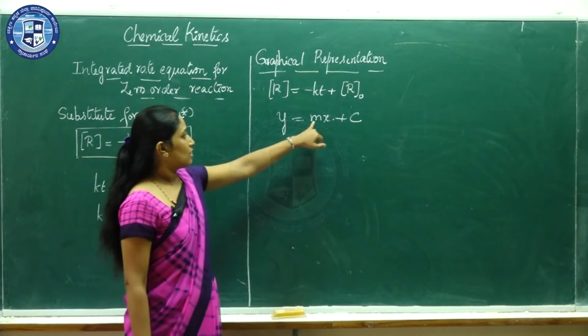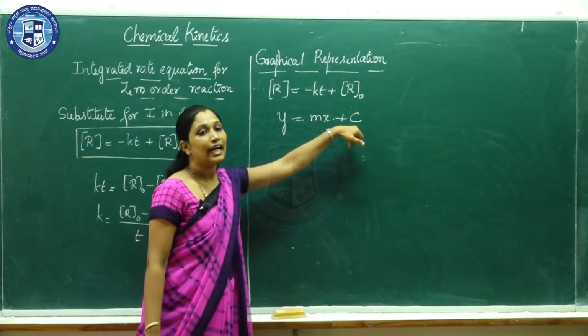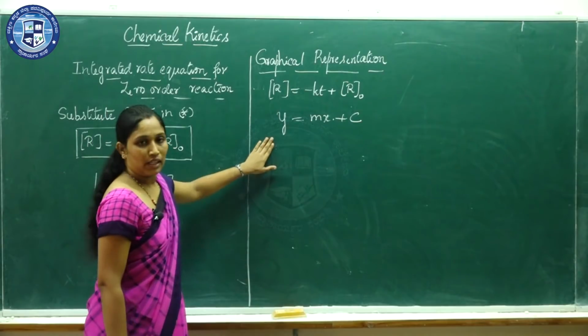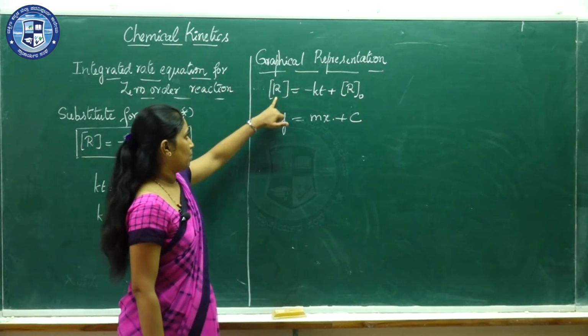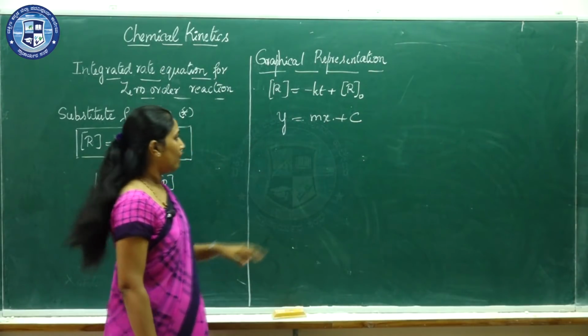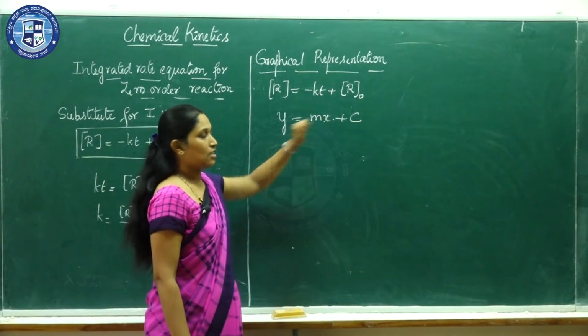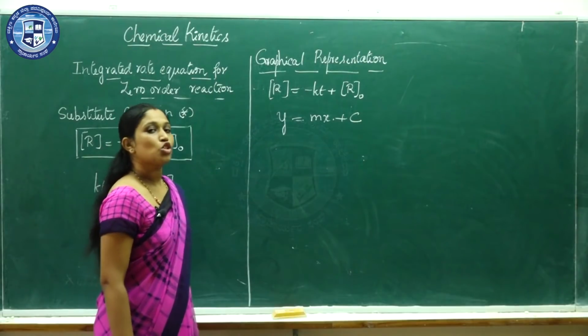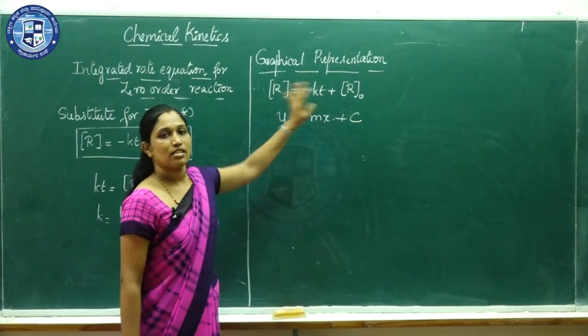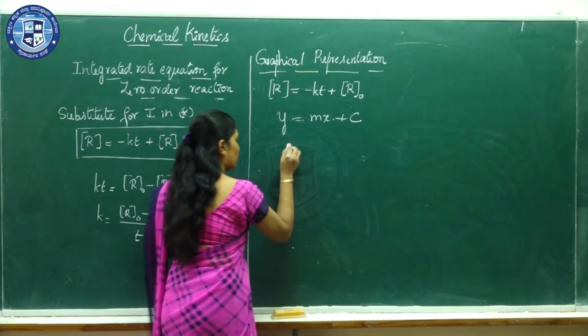Okay, and so this is the slope and this is the intercept. Okay, so based on this, I will be taking y, that means concentration of R on the y axis, and T on the x axis. So I will be plotting graph of concentration of R versus time. So we will do that, see what you get.